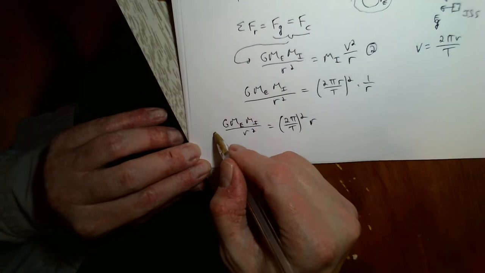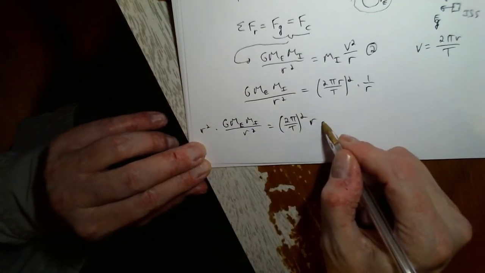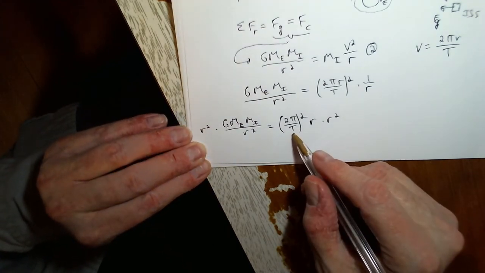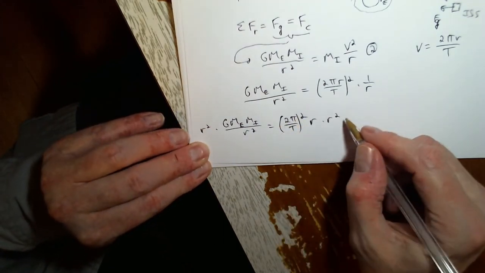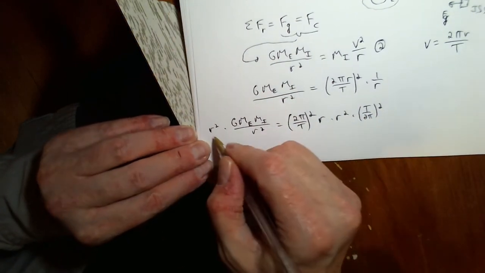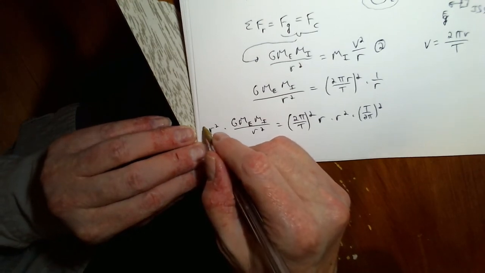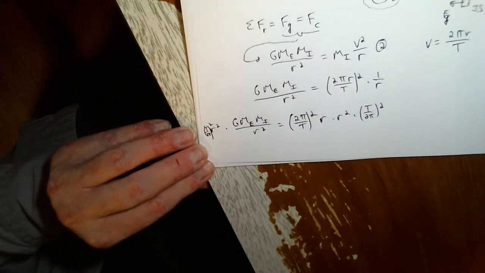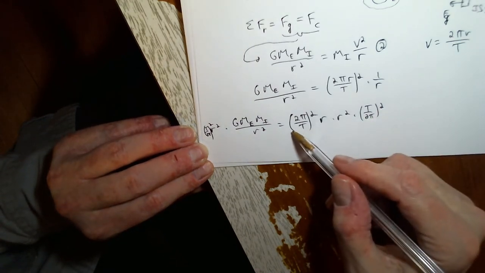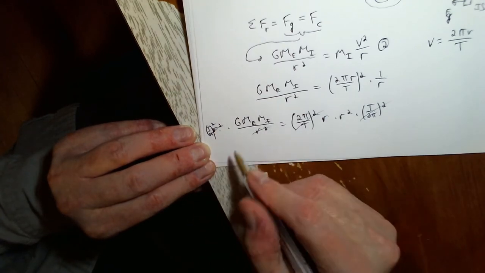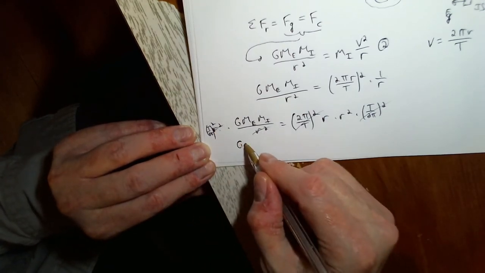Then I multiply by r squared on both sides to get eventually r by itself. And I'm going to multiply by the reciprocal of this thing on both sides, so times T over 2 pi, squared. And so that gives me, this cancels, the r squareds cancel, and I get G and mass Earth.